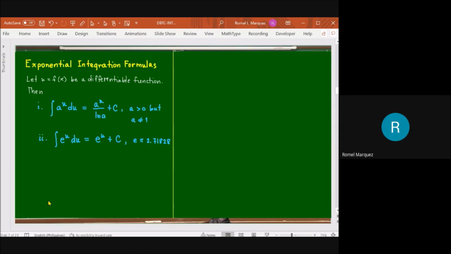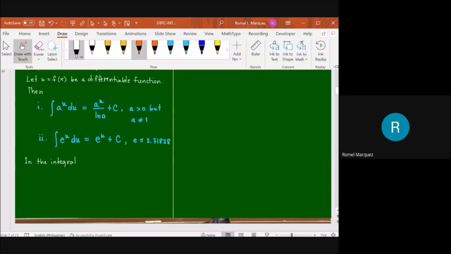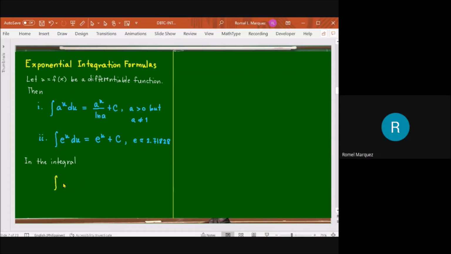So we have two formulas for exponential functions, integration leading to exponential functions. Now, take note that in the integral of, let's say, a to the u du, let's take the general form of it, because e to the u is just its special case.